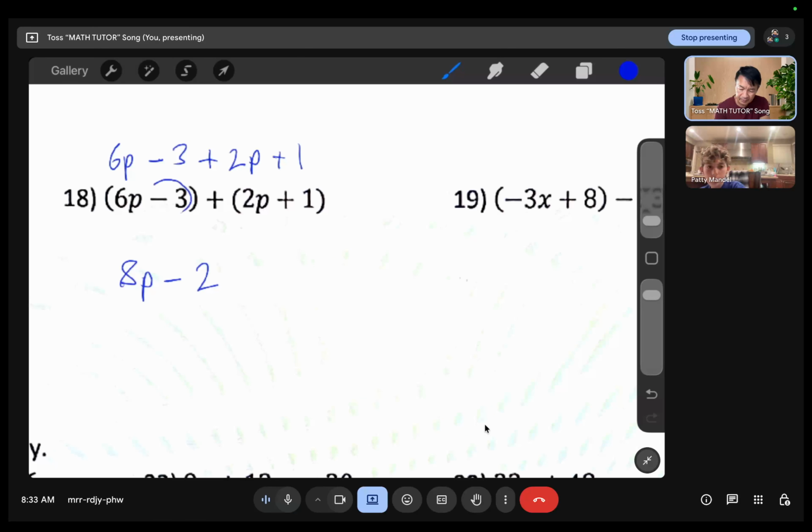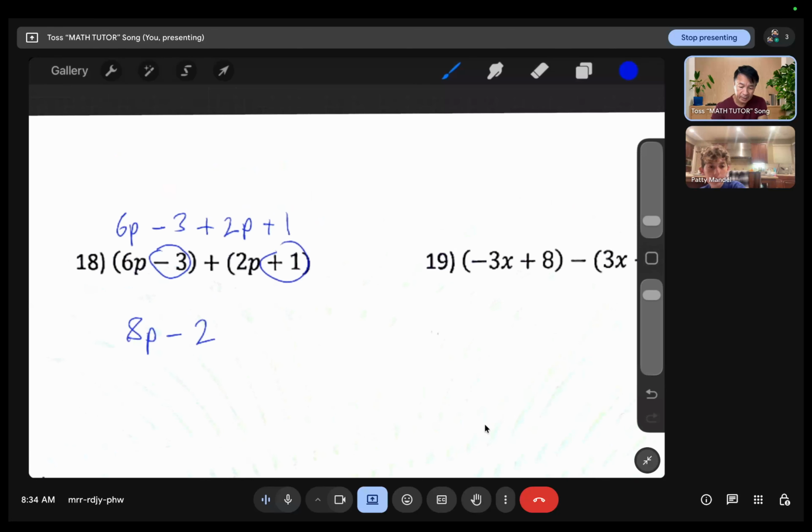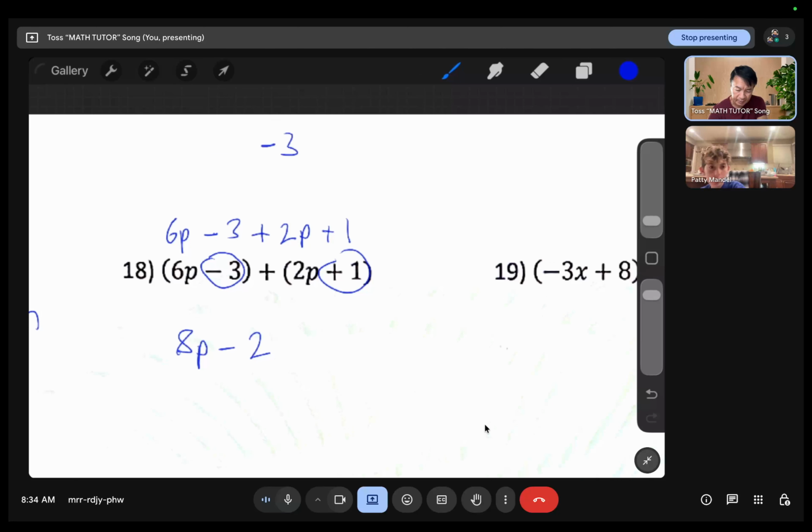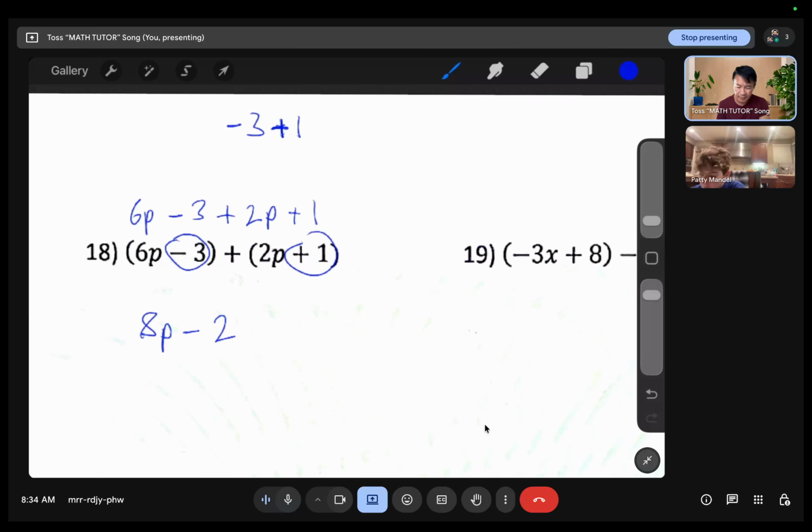What I see is negative 3 and a positive 1. If I were to combine, in my head I know it has to be a negative 2. But when you write it as a whole, it's really a subtract 2. You have to write subtract 2. I hope you're okay with that.